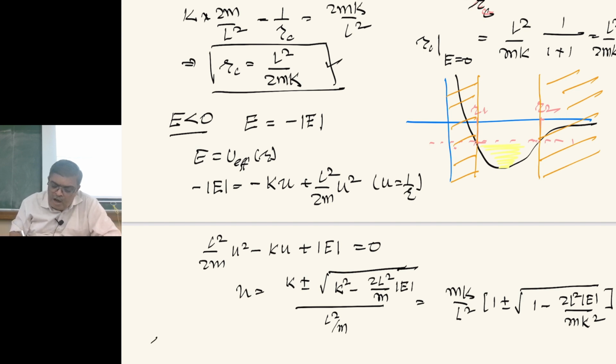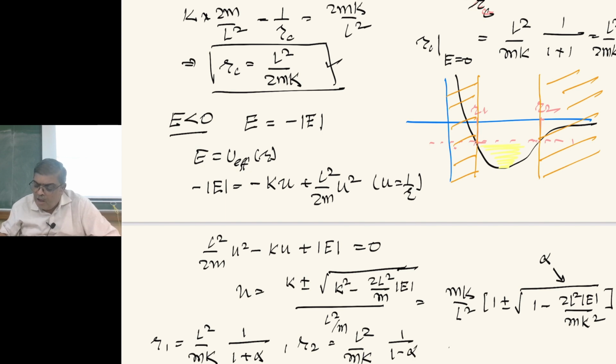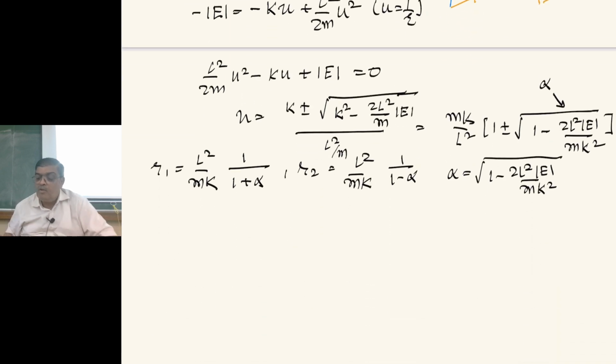R1 is going to be equal to L squared by mk times 1 plus alpha, and let me call this square root quantity alpha. And R2 is equal to L squared by mk times 1 minus alpha, where alpha is equal to square root of 1 minus twice L squared modulus of E by m k squared. Is that okay?